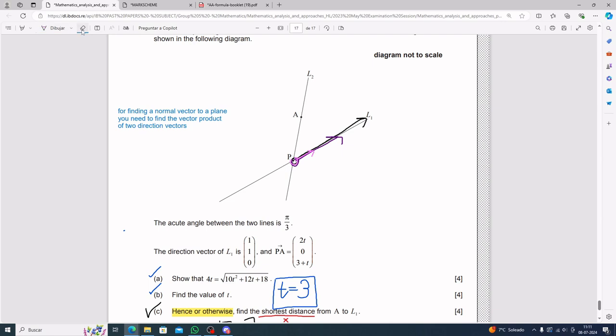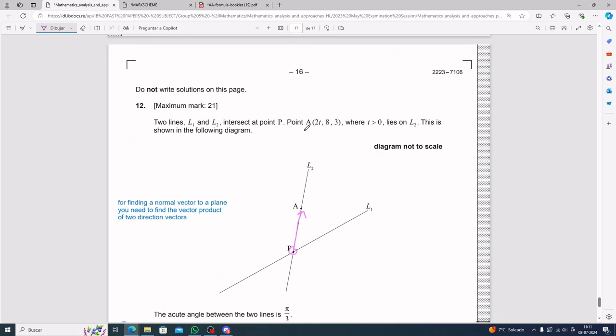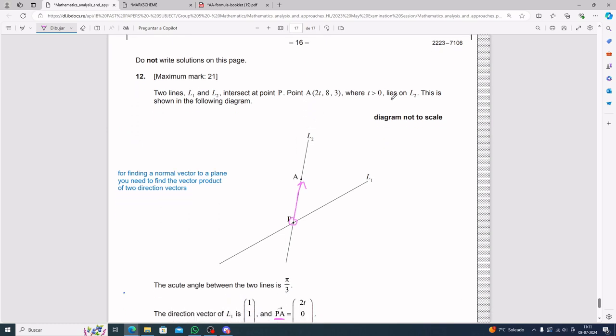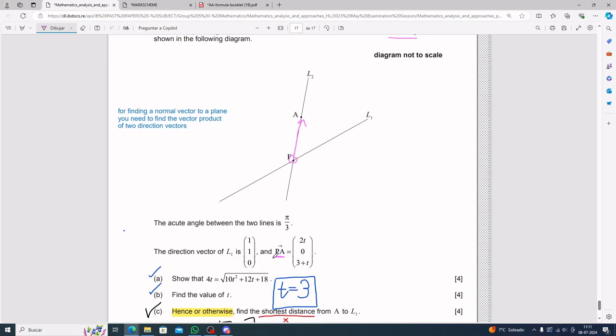Why do I establish that? Because the moment they give you the direction vector of PA, they did tell us PA lies on L2. So the direction vector of PA is the same as the direction vector of L2, and you can replace it.